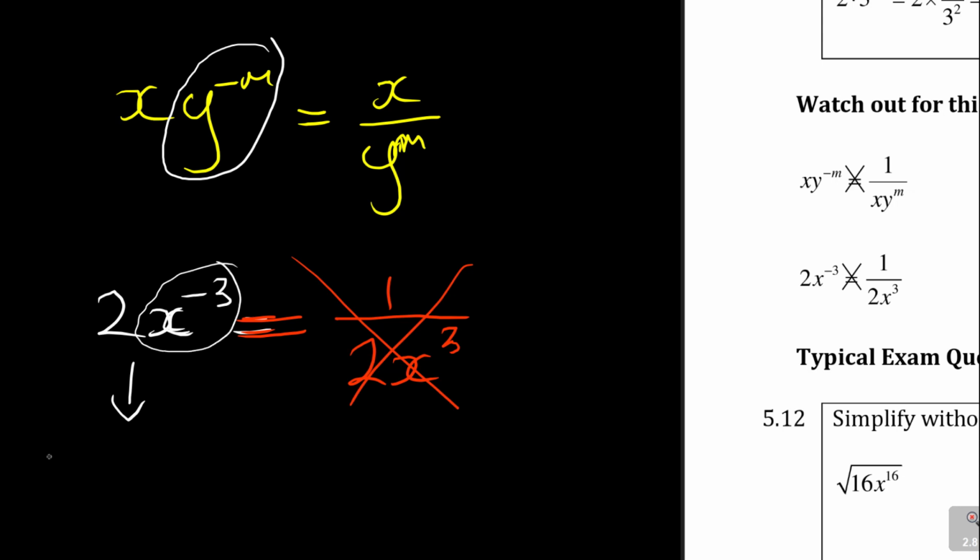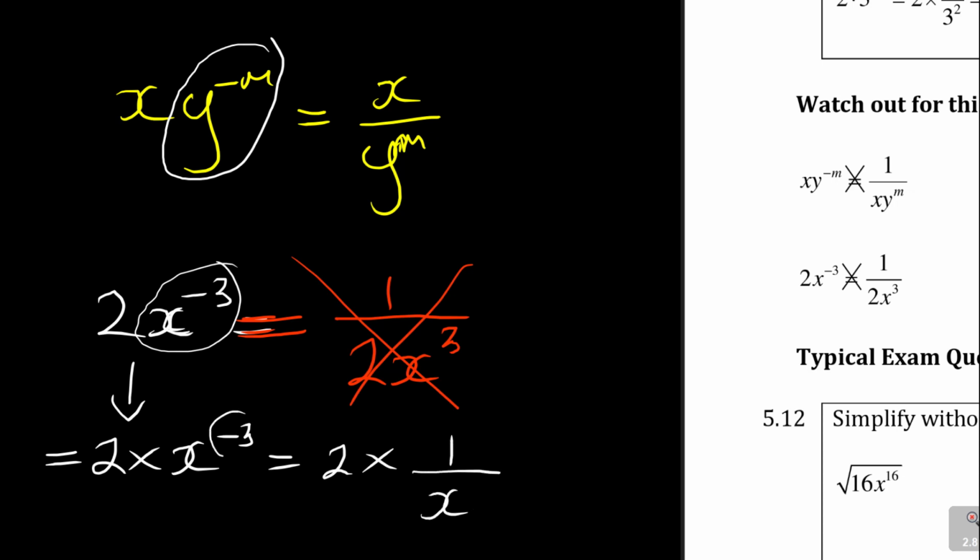The x. So this is same as saying 2 times x to the power negative 3, which is equal to 2 times 1 over x to the power of 3, which is 2 over 1 times x cubed.